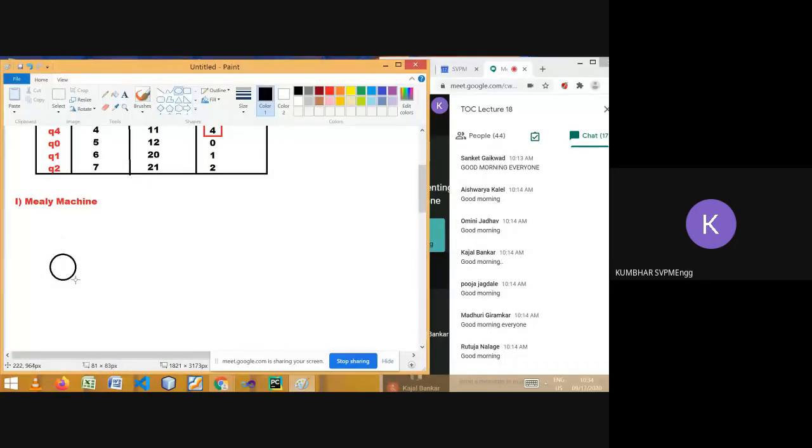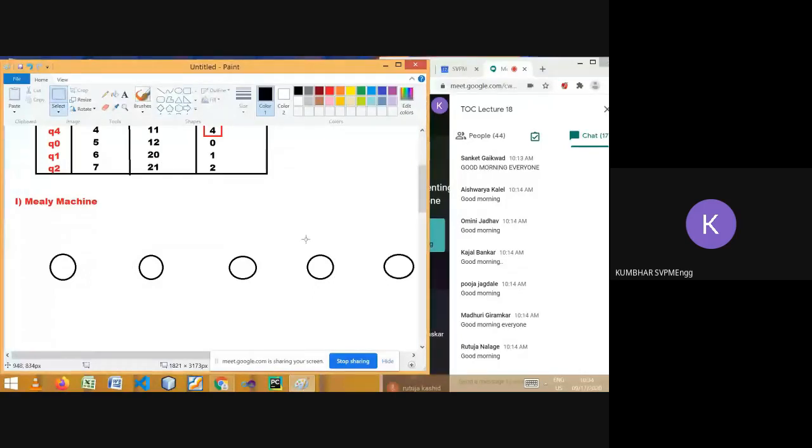And in these 5 states, which will be the final state? Can anyone tell me? Q0. Or any other answer? Unfortunately, this answer is wrong because if you remember, yesterday we saw that these machines don't have a final state.